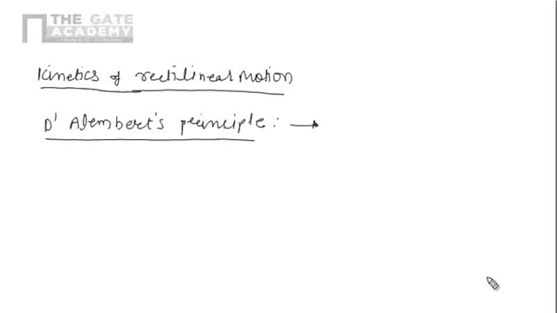According to the D'Alembert principle, if the body is in motion and we want the dynamic equilibrium of that body, then we have to apply the inertia force in the direction opposite to the motion, then we can say that the body is in dynamic equilibrium.